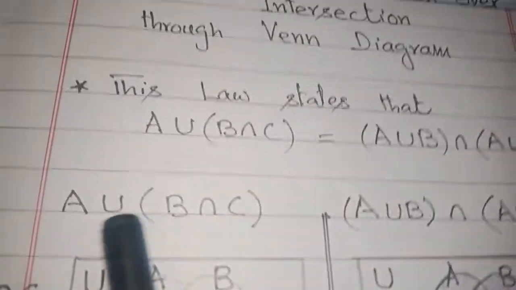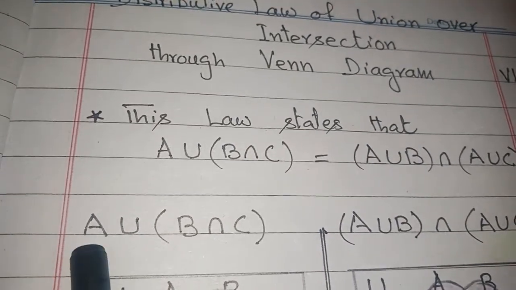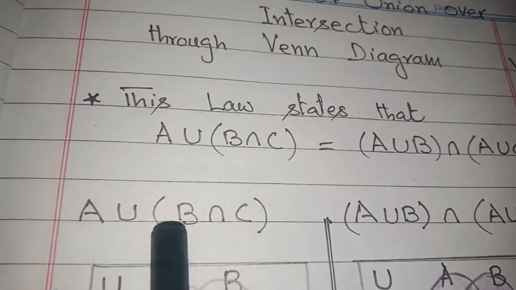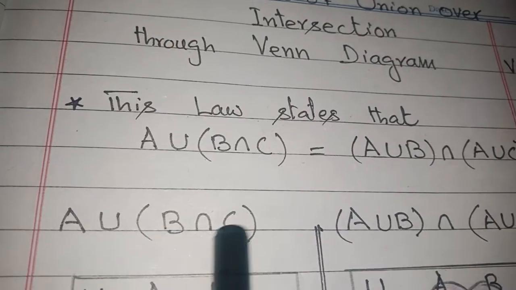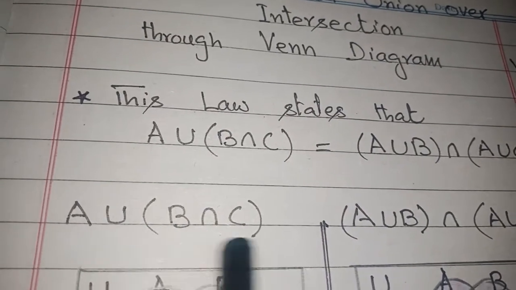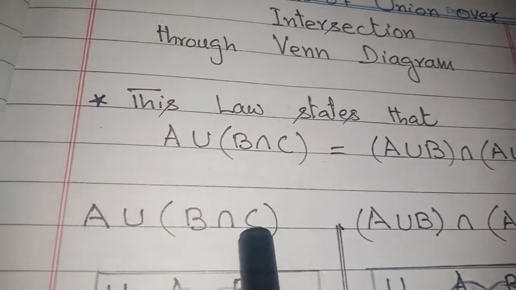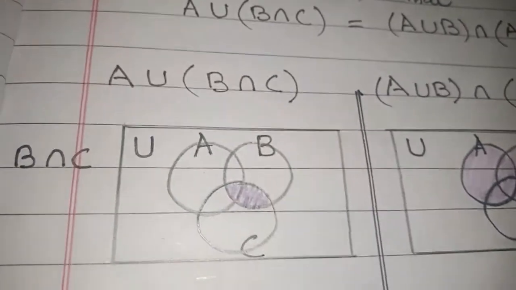Here we'll start with the left hand side of the law, which says A union (B intersection C). The B intersection C part is in parentheses, so we'll solve this first. To represent B intersection C through Venn diagram, I have drawn this picture.